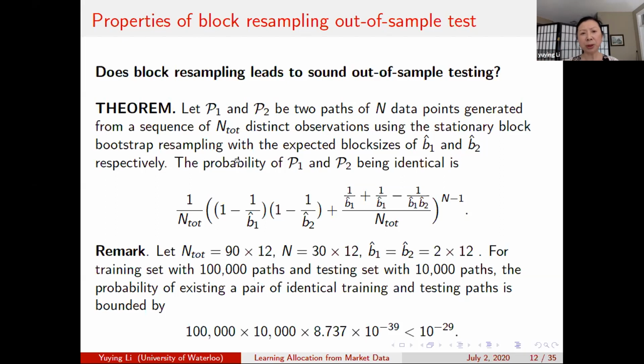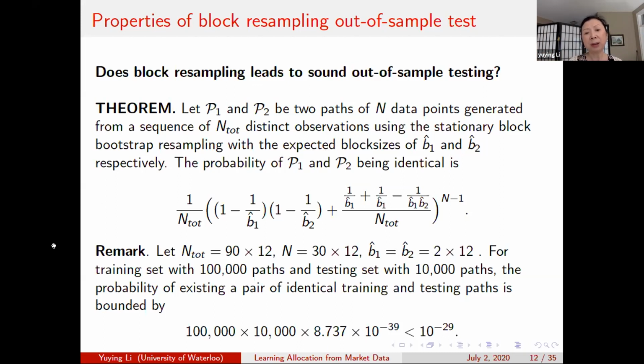Essentially, this theorem says: if I have n total observations of my market realization, a single path, and I do block resampling from this observation, and I want to generate 2 paths of n data points, where path 1 is generated using expected block size B1 hat and path 2 using expected block size B2 hat, then the probability of these 2 paths being identical is given by this expression.